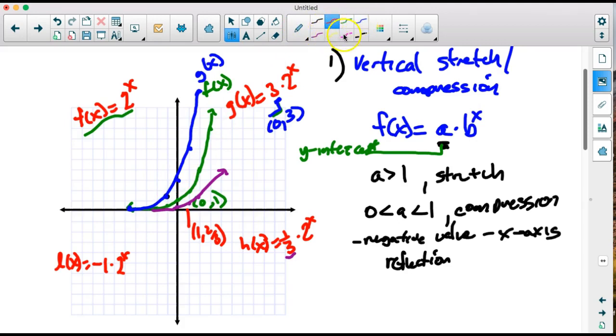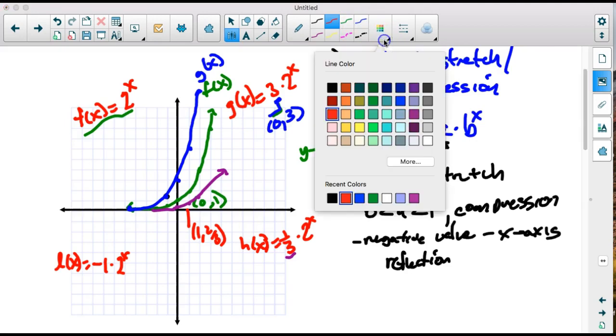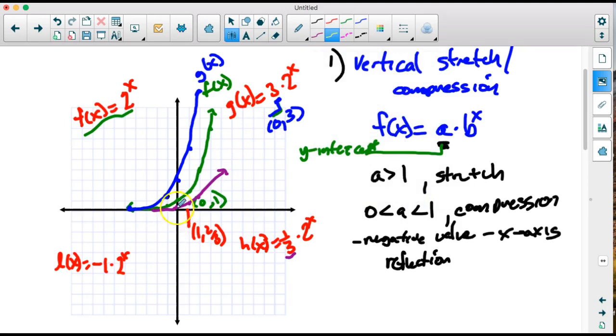So the reflection of that graph is going to be down here. Instead of 1, it's going to be at -1. Instead of 2, it would be -2. So it's going to go down like this. This would be the function of -1 times 2 to the x. It just reflects it on the x-axis.